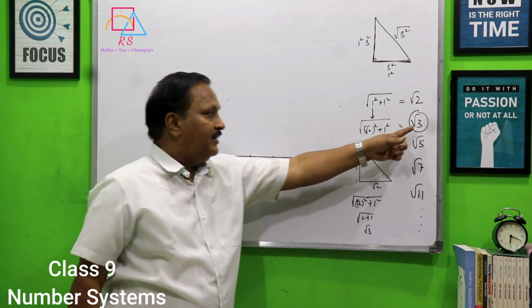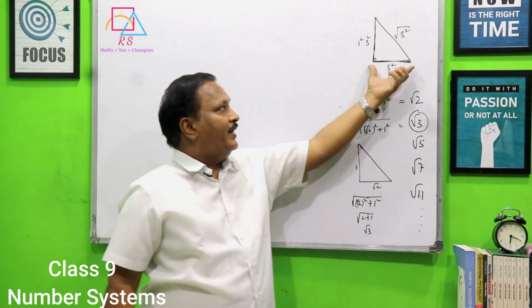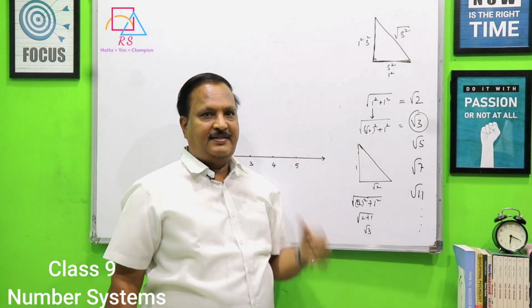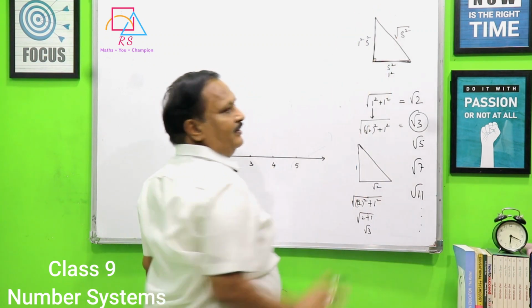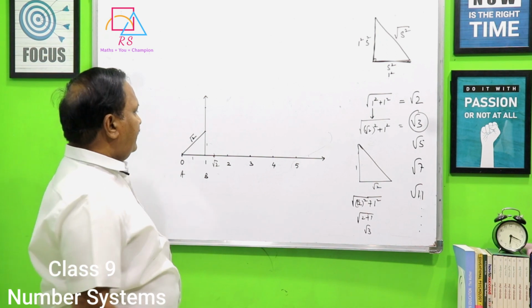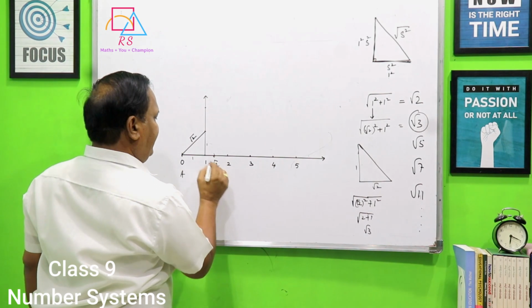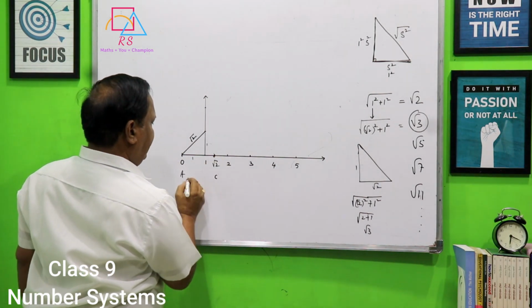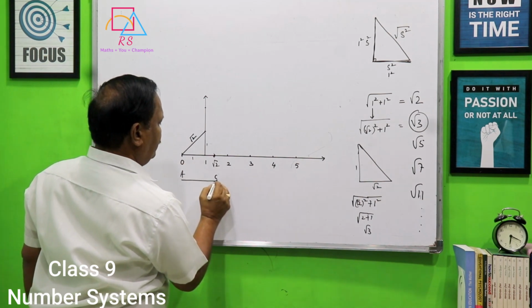So to find root 3, we need root 2 as one base, one side root 2, one side 1. Okay. So now this we have already got, let us say this is C. And AC is root 2.